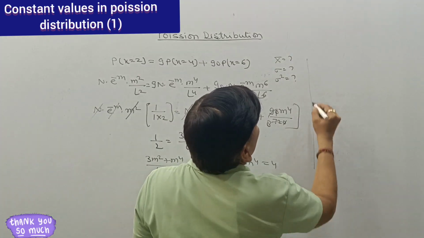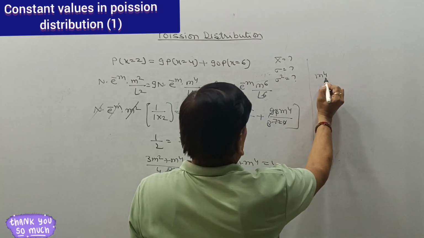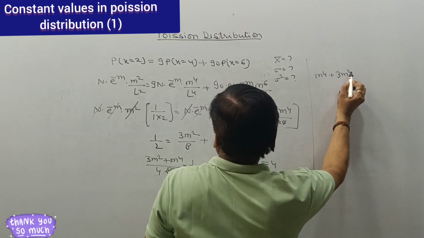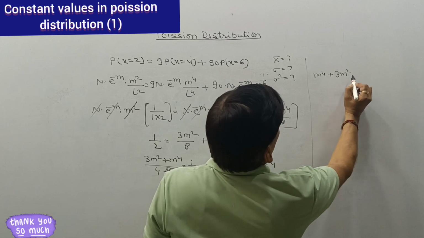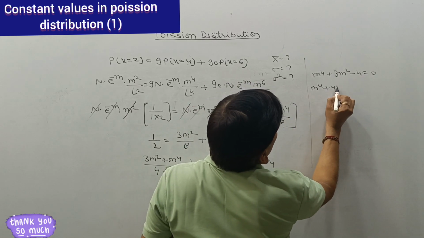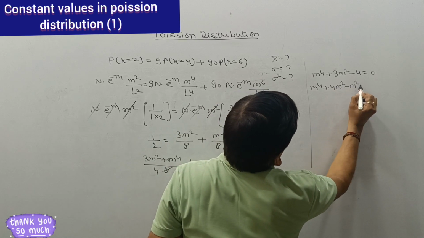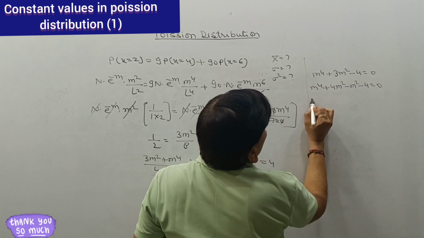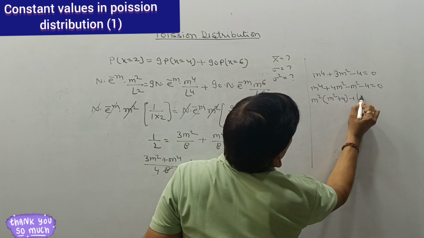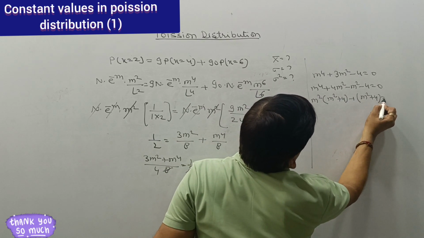So m4 plus 3m square minus 4 is equal to 0. So m4 plus 4m square minus m square minus 4 is equal to 0. Taking m square common, m square plus 4 minus 1 common, m square plus 4 is equal to 0.